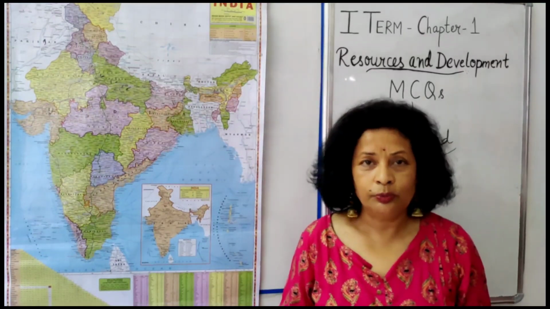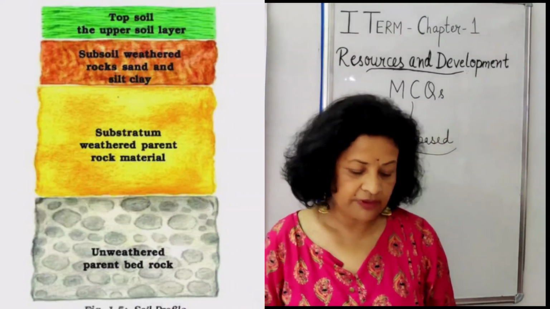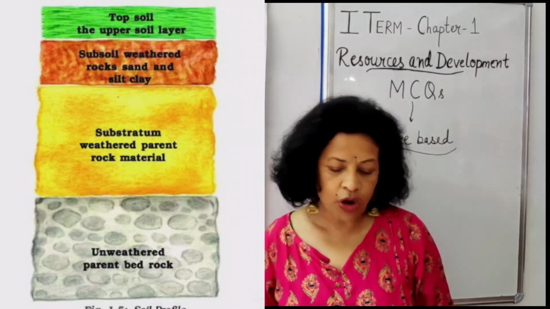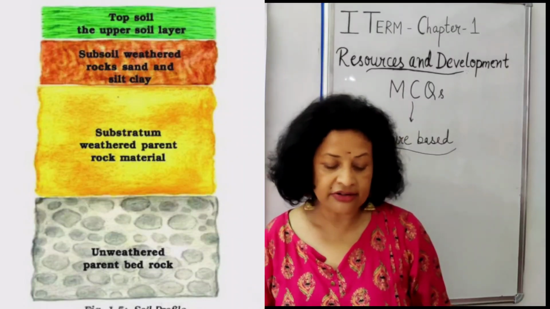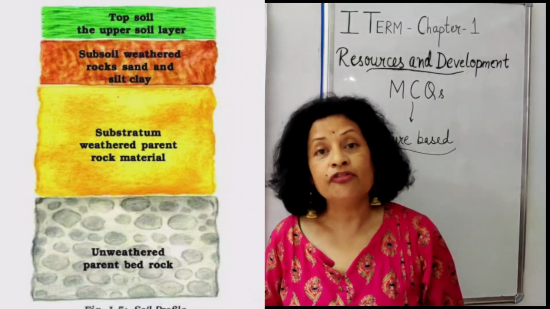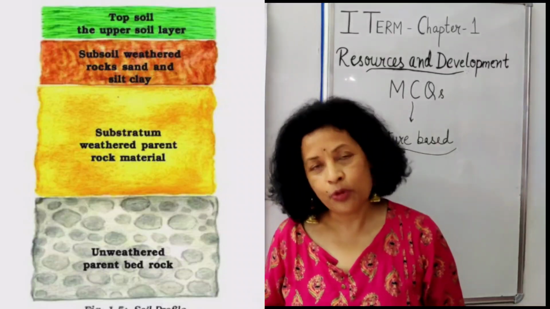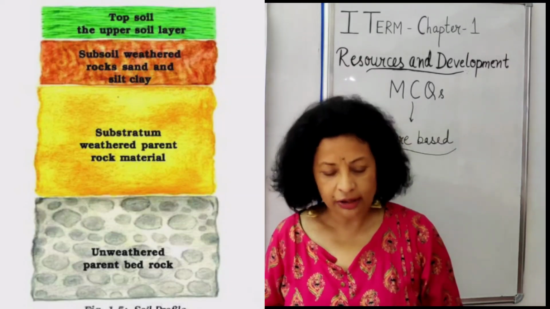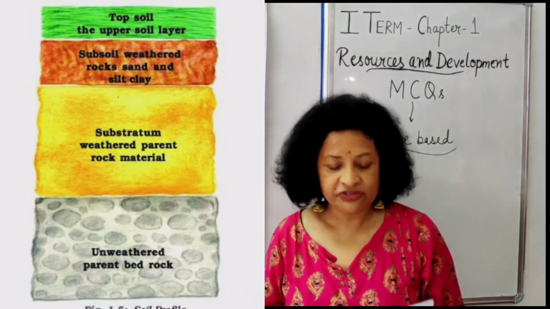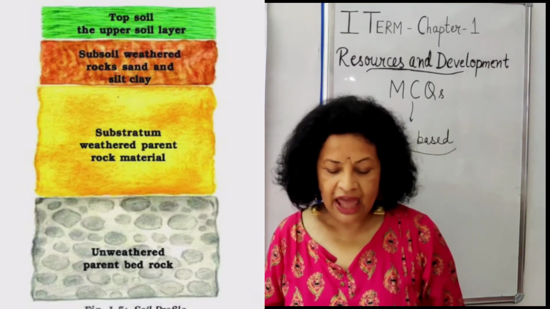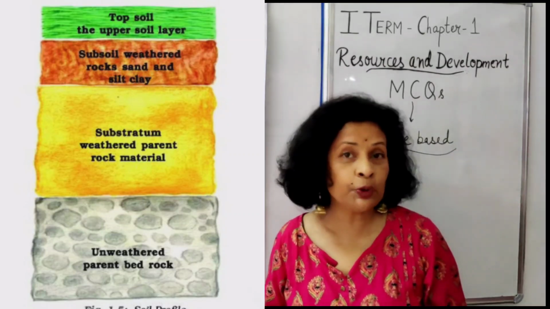Question number 2, based on the second picture. Look at the picture carefully. The division of soils into layers is called soil composition, soil formation, or soil profile? Yes, you are correct. The answer is soil profile. Question based on the same figure: which layer of soil is rich in humus?